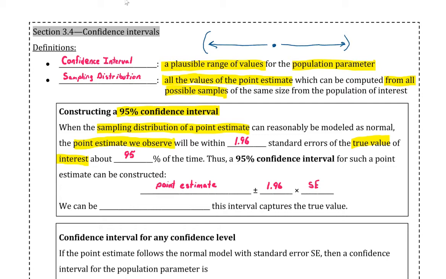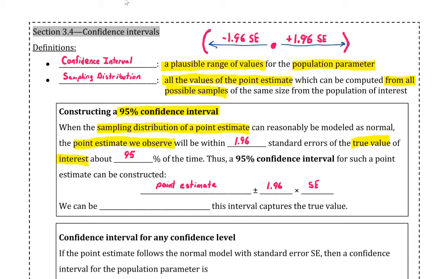So visually, if your point estimate is the center of your confidence interval, we can add 1.96 standard errors to find the upper boundary of our confidence interval and subtract 1.96 standard errors to find the lower boundary of our confidence interval.